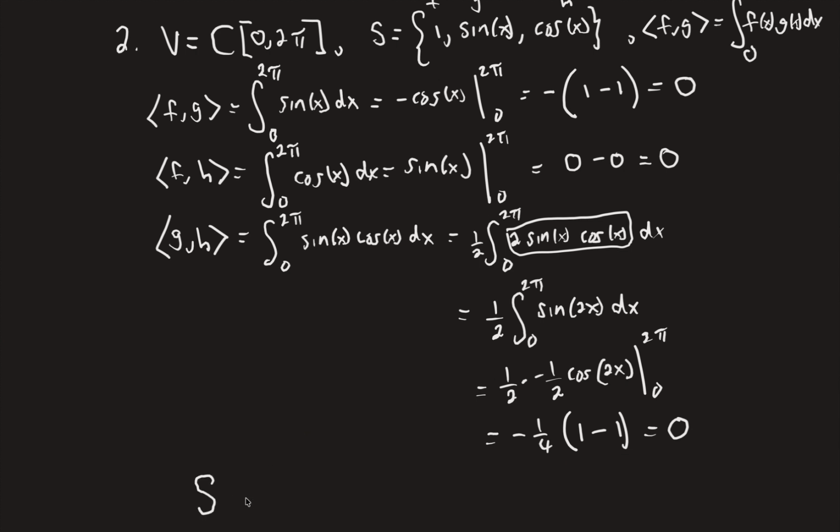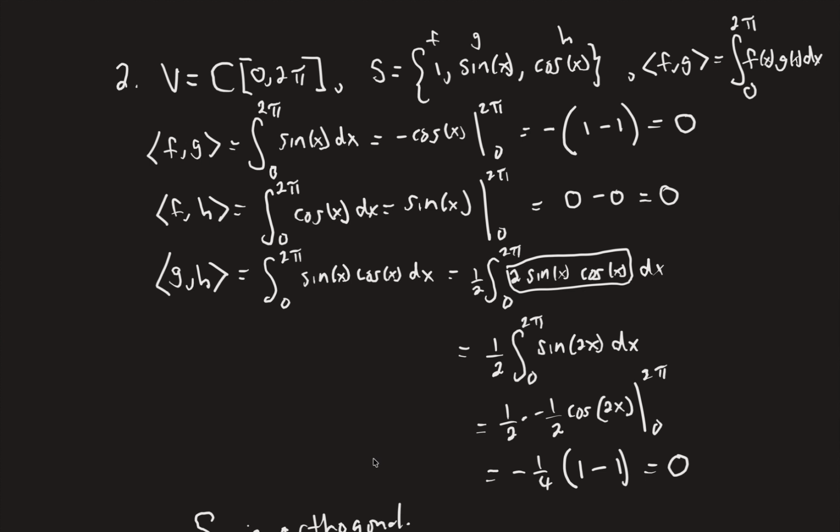So we end up getting that S is an orthogonal set, right? And I just wanted to verify the orthogonality of this set, and I will leave it for you to see if this is orthonormal. But if you check just the f function, think about what you would do.